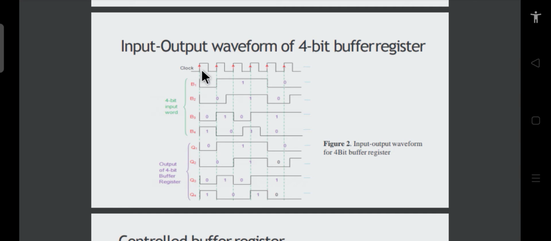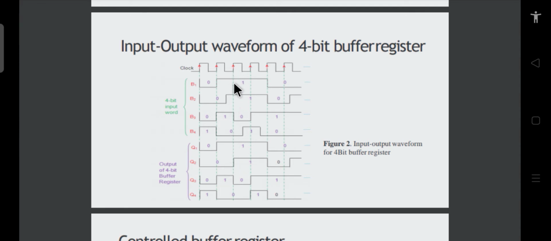So with edge triggering, whenever there is a clock pulse, only then will the output get the value of the input. Now at this instant, the bit B2, although it is changing in between, will not be reflected, this change in B2 will not be reflected on the output until the clock pulse occurs.